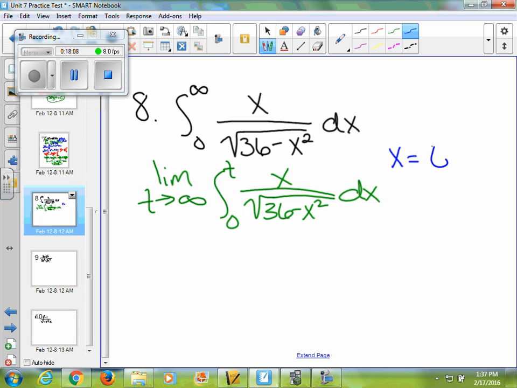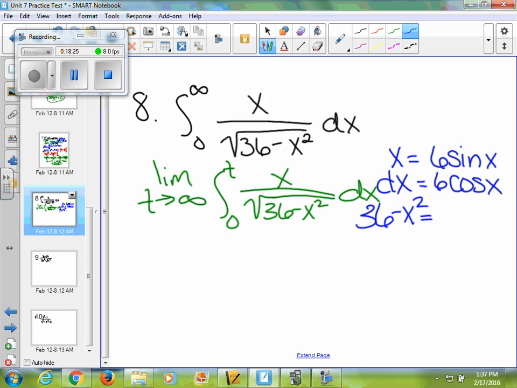I'm going to let x equal 6 sine of x. Dx equals 6 cosine of x then. And 36 minus x squared equals 6 squared cosine squared of x.